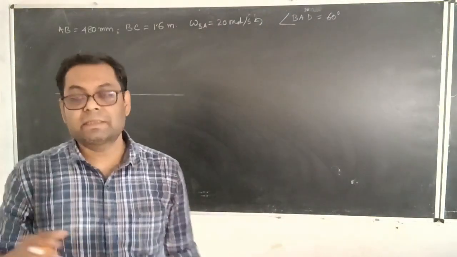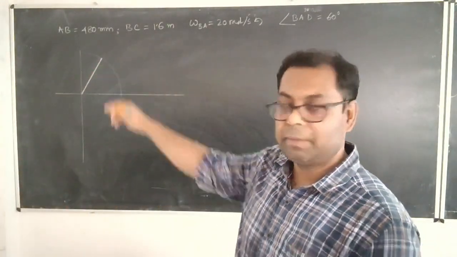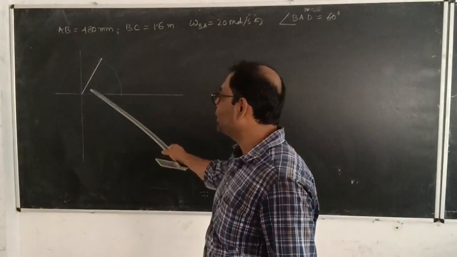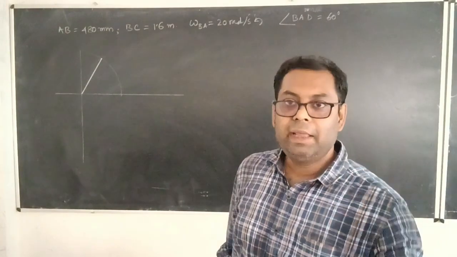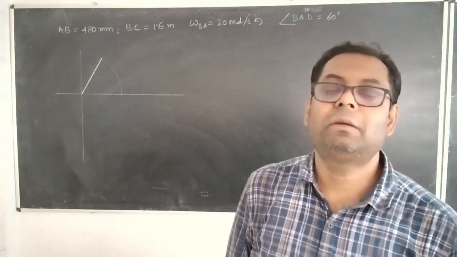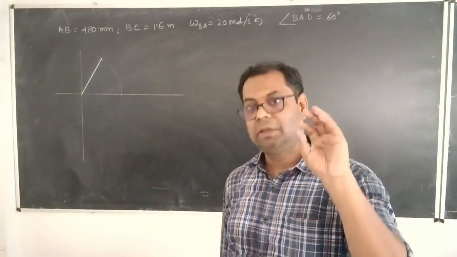Okay, so this straight line which I have drawn is making an angle of 60 degree with the horizontal. That means this angle is 60 degree, and the length, how much do I have to take? See, 480 millimeter of length, that you cannot draw in your copy.